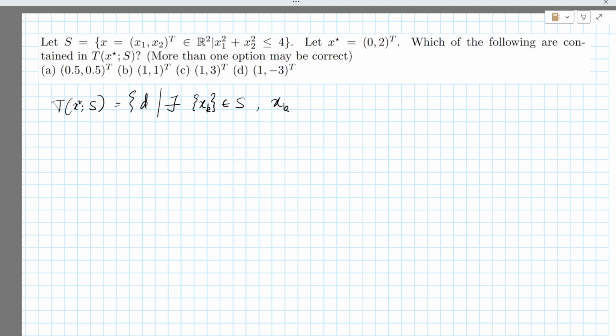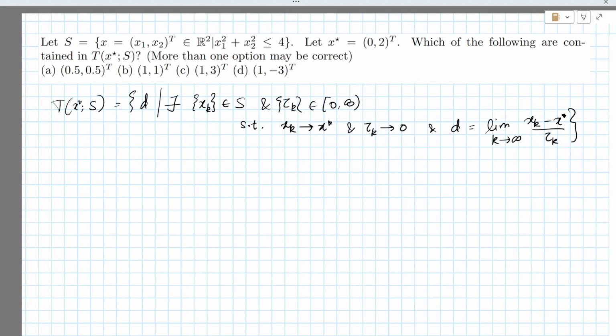x_k in S, and x_k tends to x star. I think I should write: x_k in S and tau_k in 0 to infinity such that x_k tends to x star, tau_k tends to 0, and d is equal to the limit as k tends to infinity of (x_k minus x star) over tau_k.